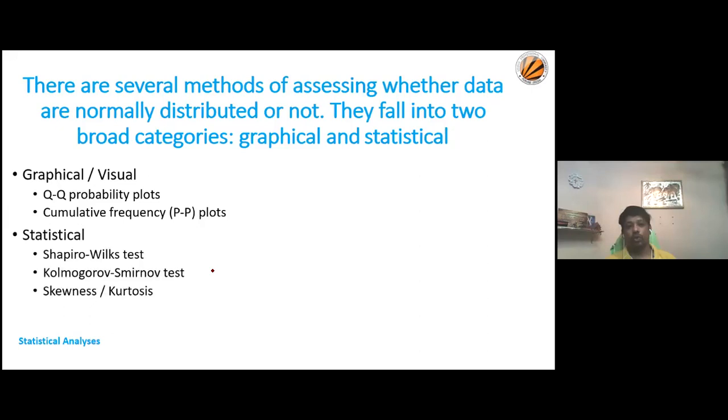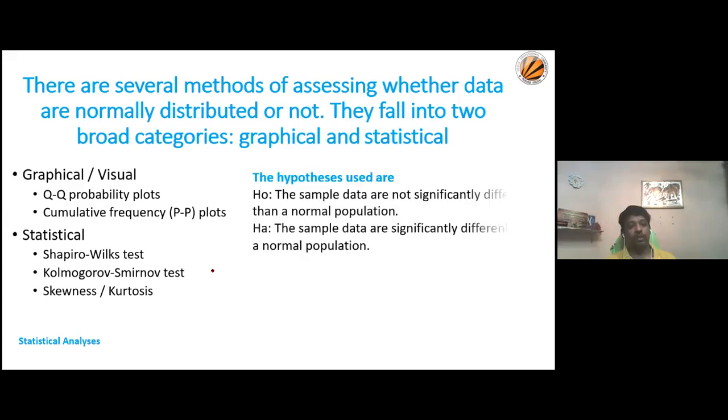Also called probability plots, right? The statistical shows skewness and kurtosis, whether the sample data are from a normal population or not.